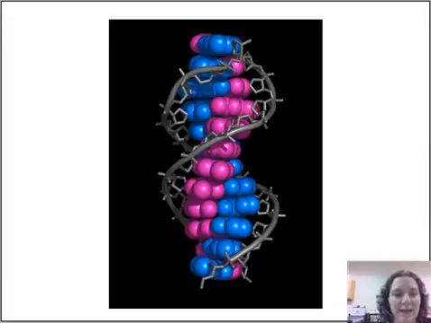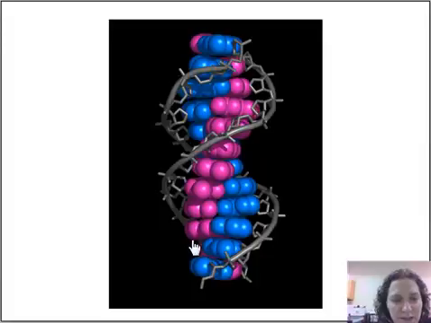And you can see that in this picture. What this picture shows, you can see the rope that I'm highlighting along the side. This is the sugar phosphate backbone, okay? And the sugar phosphate backbone is made of, in the case of DNA, the carbohydrate deoxyribose and phosphate groups, and it forms the backbone because it's the outside and it provides a lot of the structure of the molecule.